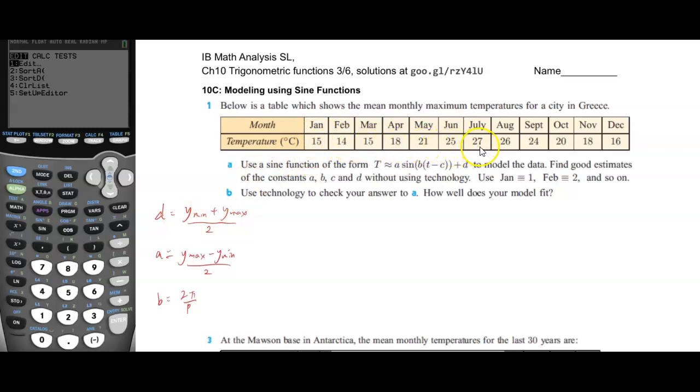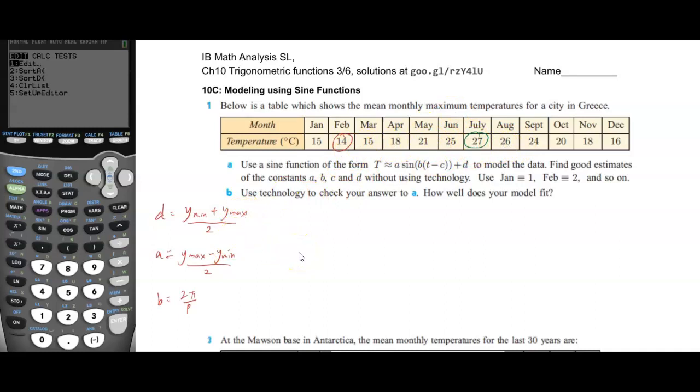Looks like the biggest y is 27, right? So I'm going to circle that in green. 27 is the largest y, and then I'm going to look now for the smallest y. Maybe it's 14. Okay. And using these two values, 27 and 14, we can calculate both D and A.